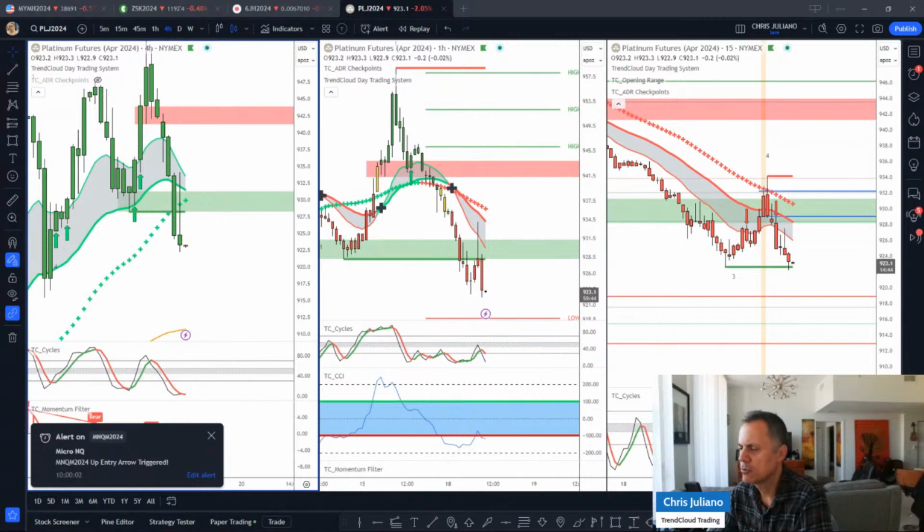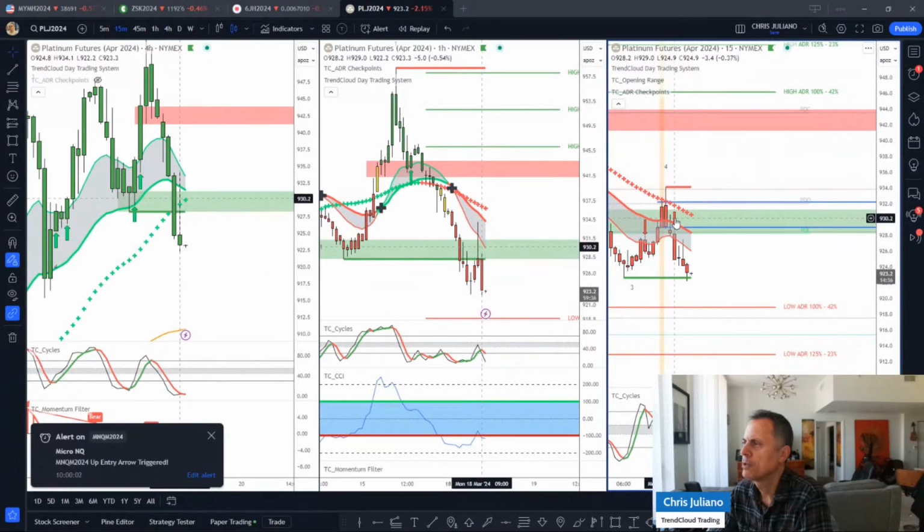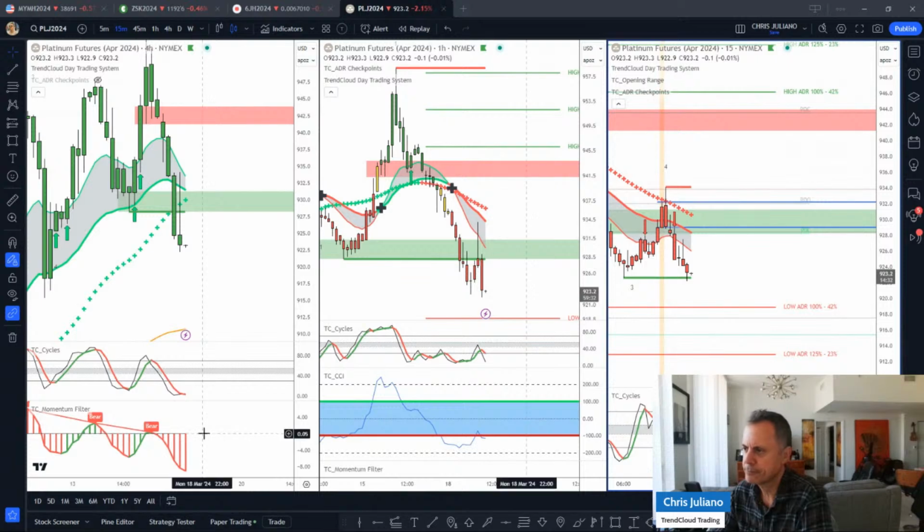There's our alert on the NASDAQ. Opening range, break to the downside, right? Go figure. Trend reversal. Momentum is down.